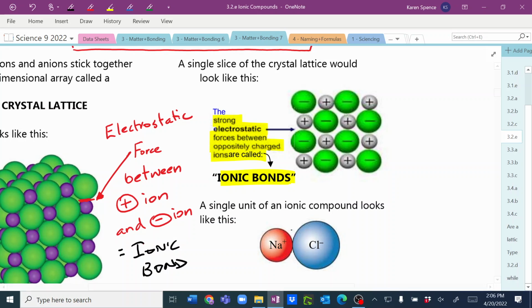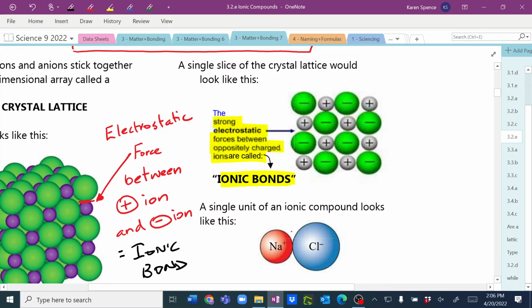If we have a single unit of an ionic compound, what do we call that?